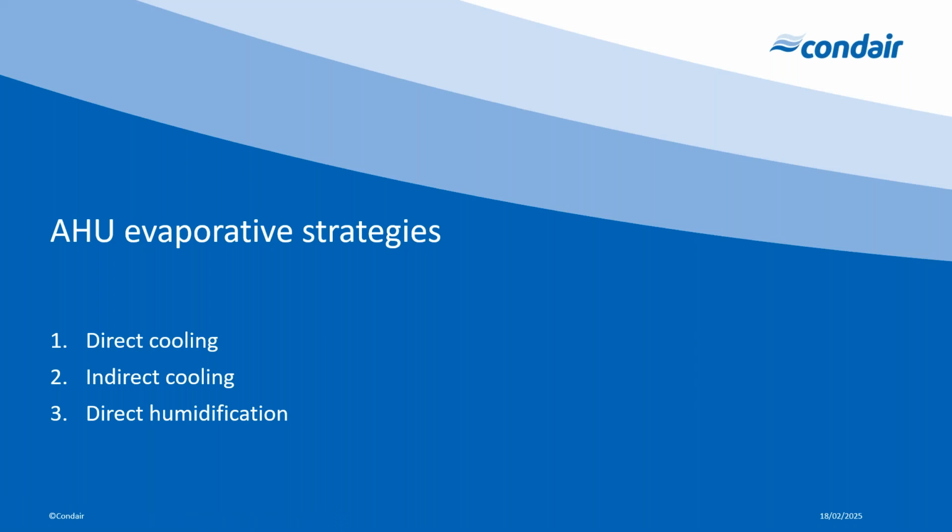So we've looked at the ASHRAE operating windows and how evaporative cooling can be used to help achieve them. What I'd like to do now is move into the different evaporative or adiabatic strategies and how they can be applied within an air handling unit or plenum or a duct. We'll look at direct versus indirect evaporative cooling, as well as the strategy for direct humidification that we talked about.